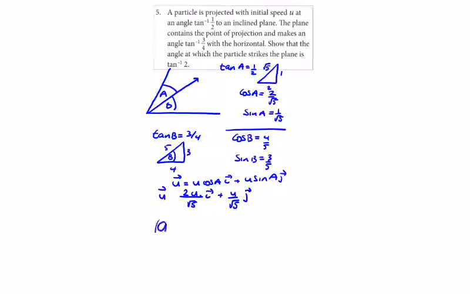My accelerations are going to be minus g sine B in the i direction and minus g cos B in the j direction, so that's minus 3g over 5 and minus 4g over 5.